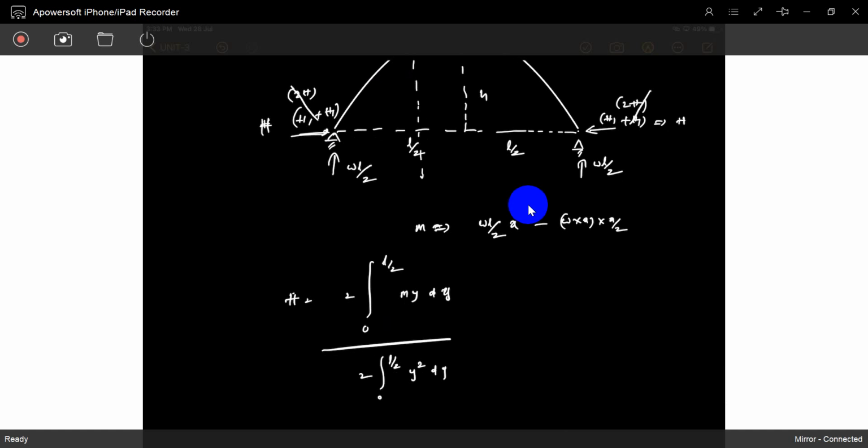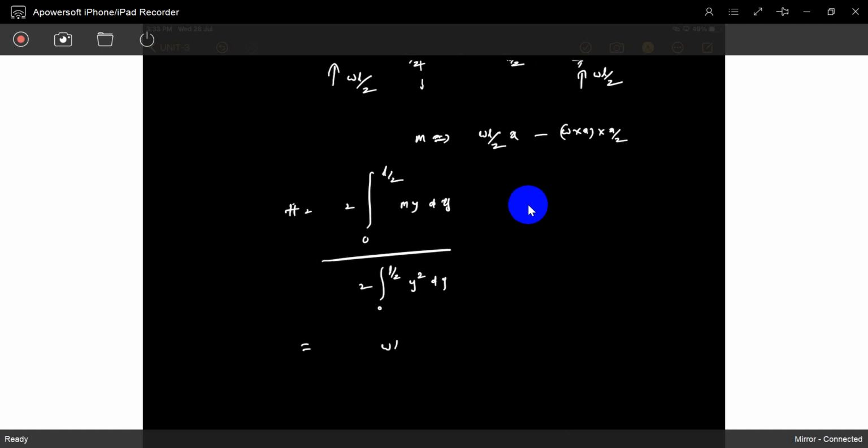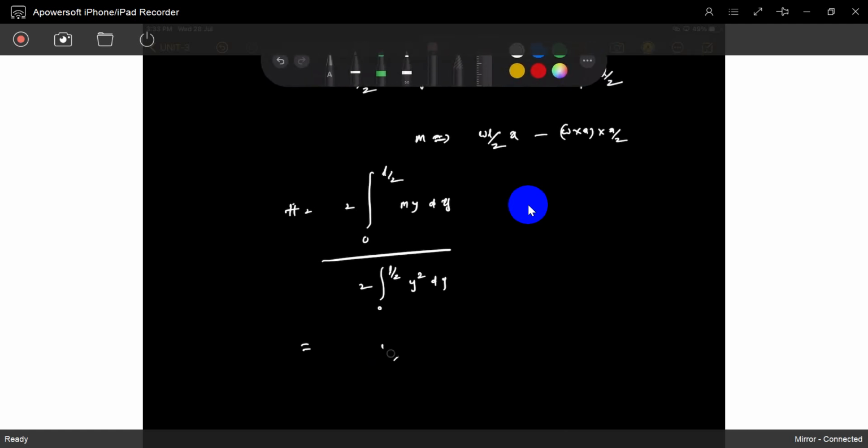Now we will see what M is: M is WL by 2 x minus W x square by 2. You can write like this, it is easier. No need to solve it, because I will show one thing.